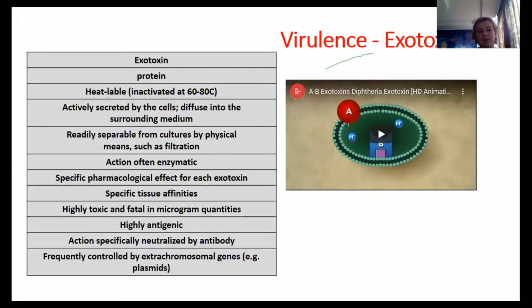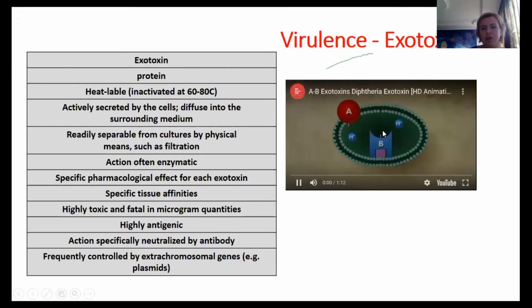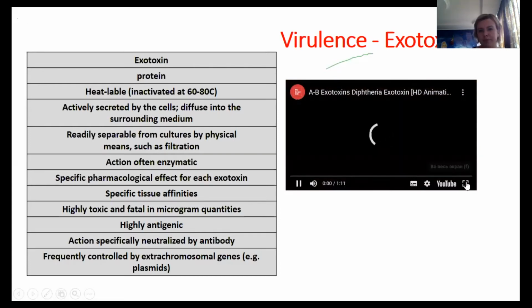Action often enzymatic, with a specific pharmacological effect for each exotoxin, specific tissue affinities, highly toxic and fatal in microgram quantities, highly antigenic, action specifically neutralized by antibodies and controlled by an extrachromosomal gene. In this case, controlled by beta phage.